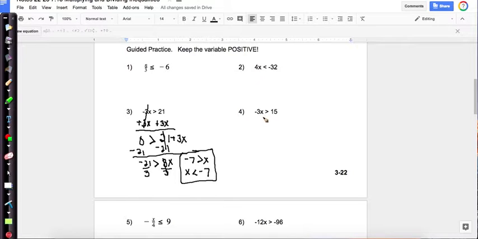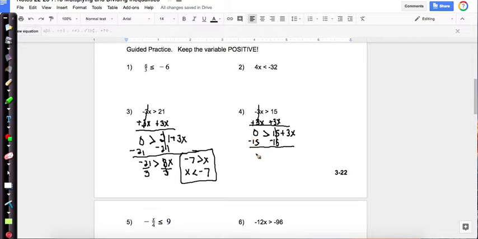Okay, we have a negative 3x, so we're going to keep the variable positive by adding 3x. Okay, these cancel, and I get 0 is greater than 15 plus 3x. Now remember what I did in the last one. I got to get the variable by itself, so get rid of this 15.